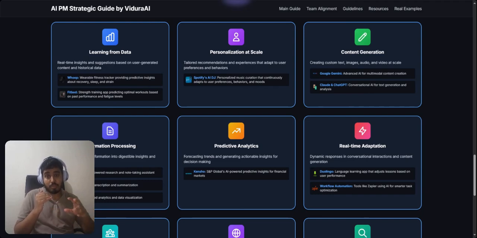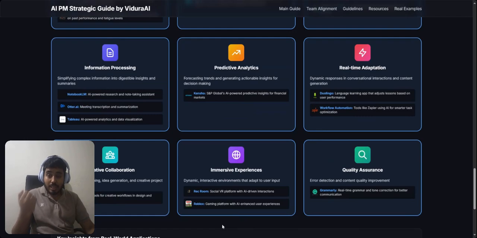Then workflow automation is another thing. We have Zapier and n8n. These are for task automation, from low code to high code. If you visit the website, you can see many examples in n8n, for example. And creative collaboration: it assists with brainstorming, idea generation, and creative project refinement.